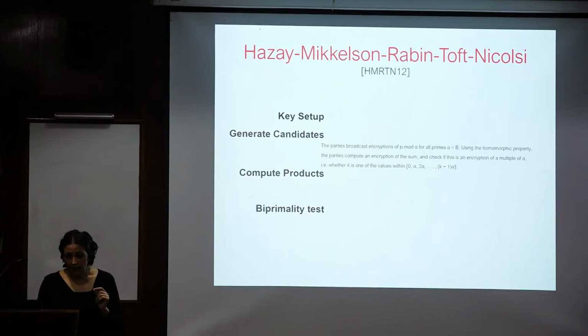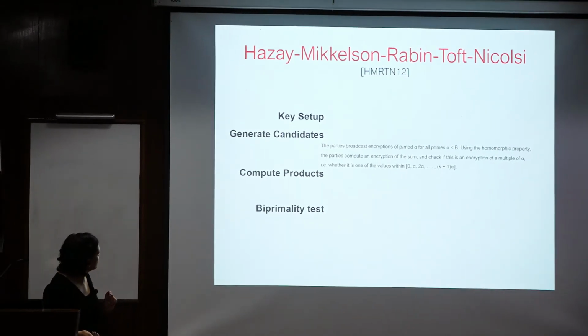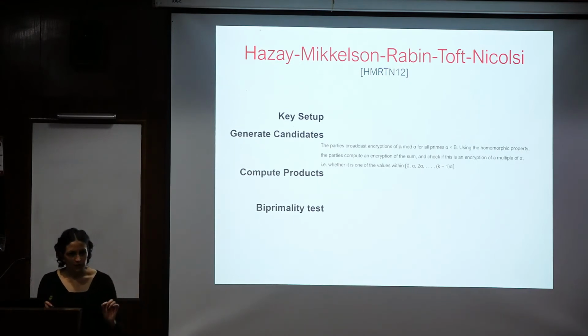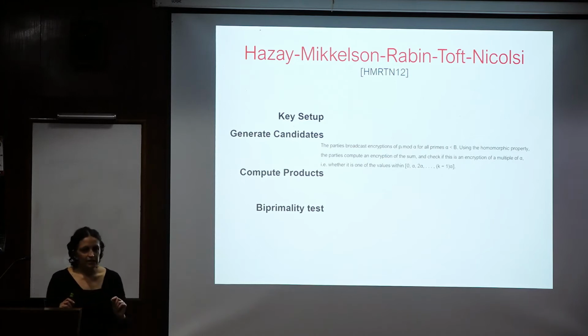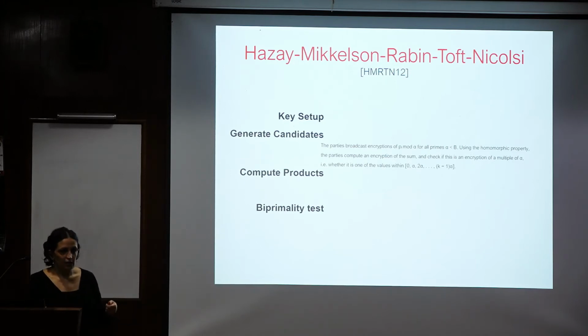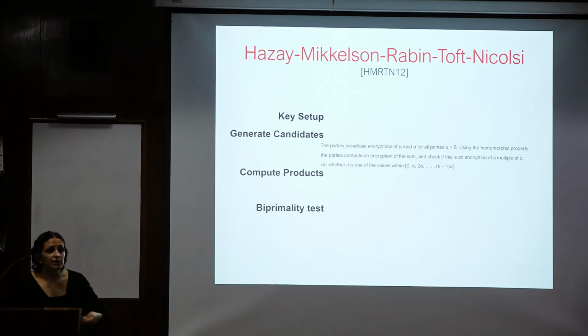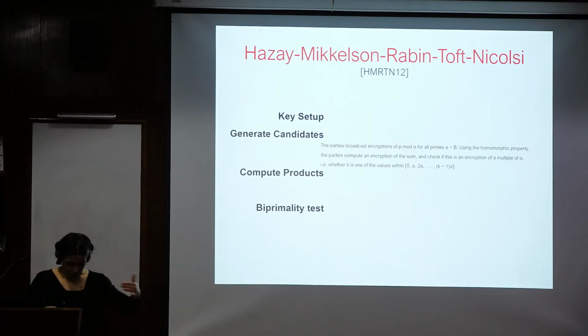We used additively homomorphic encryption to basically encrypt the shares of the prime, reconstruct the prime encrypted, and then check whether the encrypted prime is divisible by all the small primes from some bound.